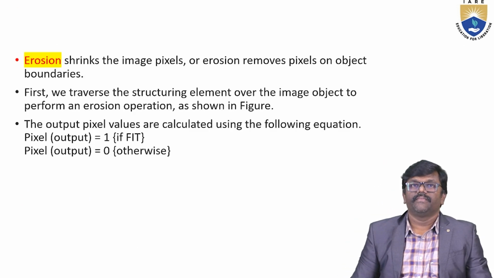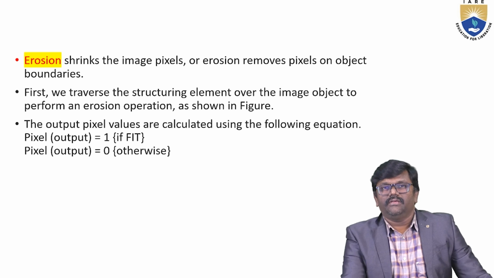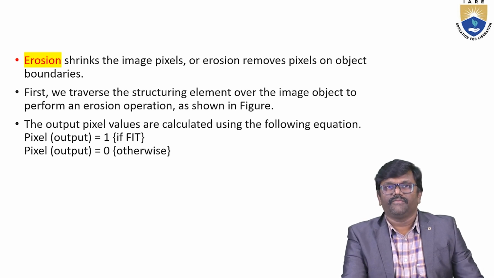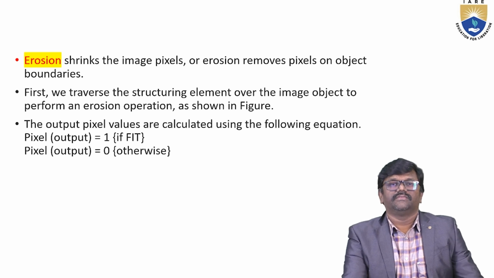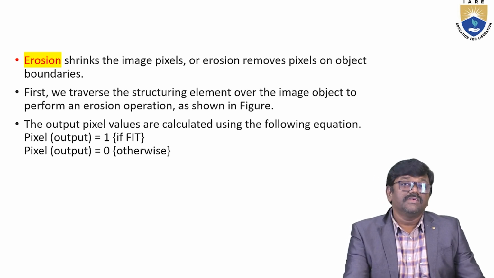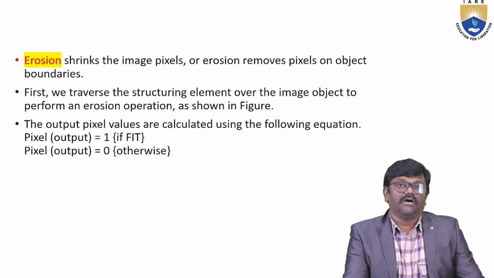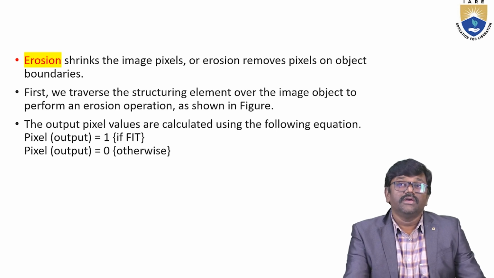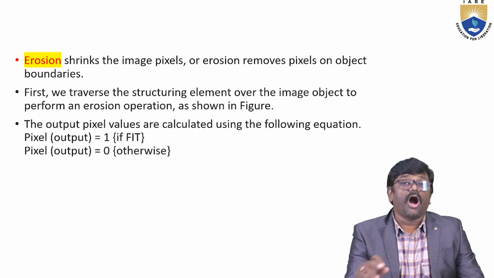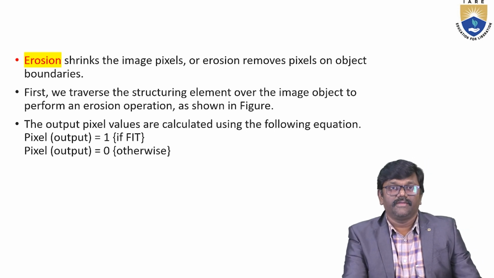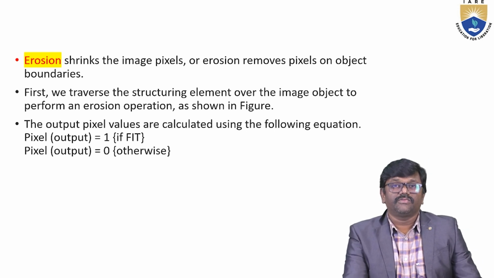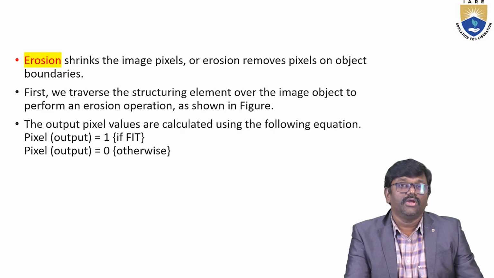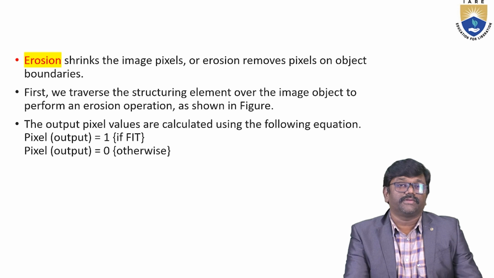Let me go on to understand this. First of all we'll see the first one, that is erosion. What do you mean by erosion? Erosion shrinks the image pixels, or erosion removes the pixels on object boundaries. Okay, how does that happen? First we traverse the structuring element over the image object to perform an erosion operation, as shown in the following figure.